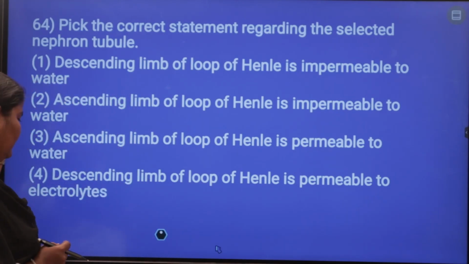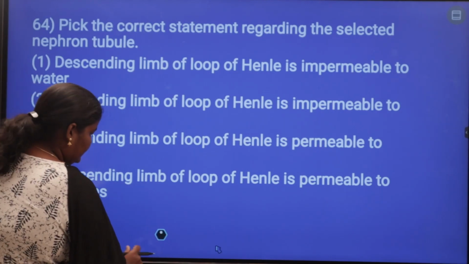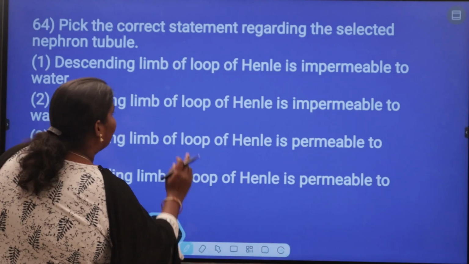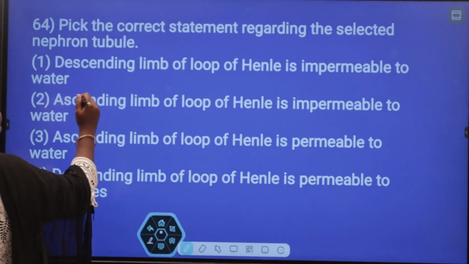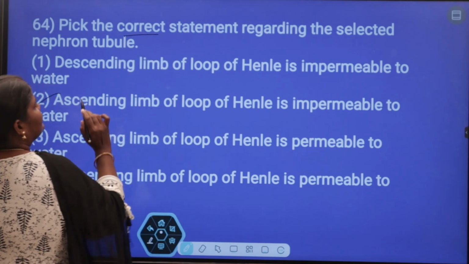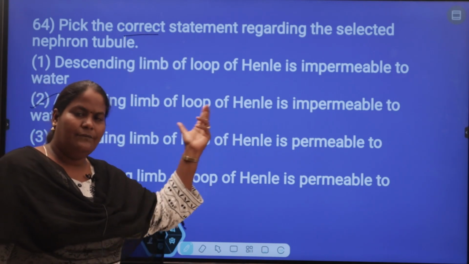The answer for question 64 is the second one, because the ascending limb of Henle's loop is impermeable to water. They asked you to identify the correct statement because in the other statements they purposely confuse you.